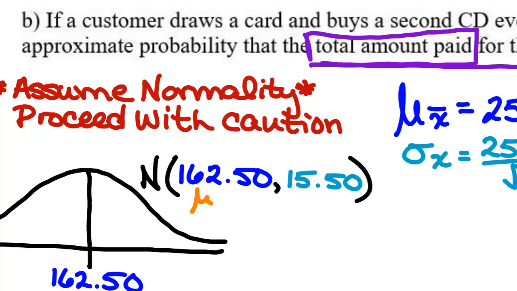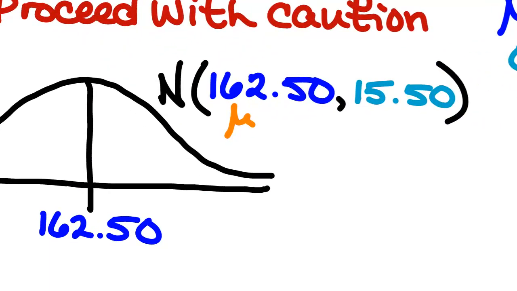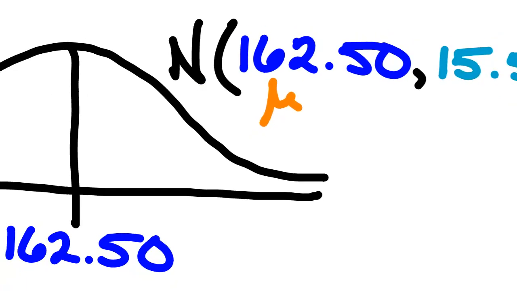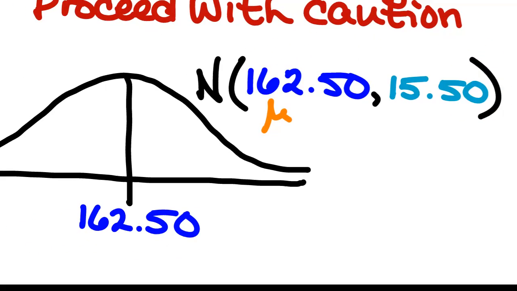All right, so we want to determine the probability that in this 25 weeks, the total amount paid for the second CD would exceed $168. So I'm going to put 168 on my graph, and I'm going to shade this to the right.